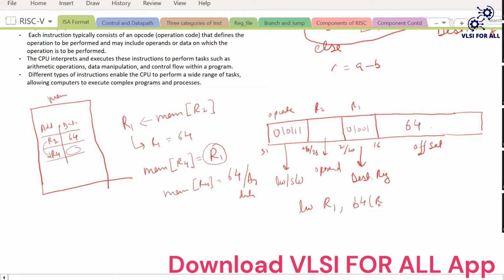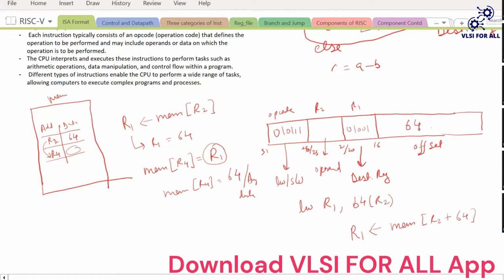I'm lagging actually. So this will be R1 equals mem of R2 plus 64. Fine.